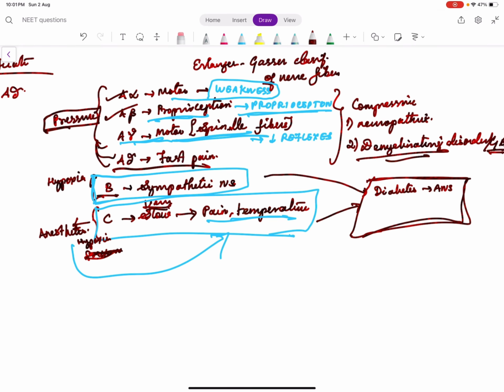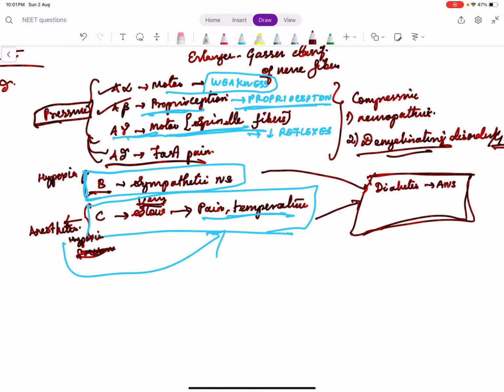So this can lead us to understand how the different neuropathies can present by means of pathology. We discussed only one disease, which is a demyelinating type of neuropathy, which is occurring in acute inflammatory demyelinating polyneuropathy, AIDP of GBS or Miller-Fisher variant or AMAN or AMSAN. But in diabetes, a different pathology occurs where the large fibers are not affected.